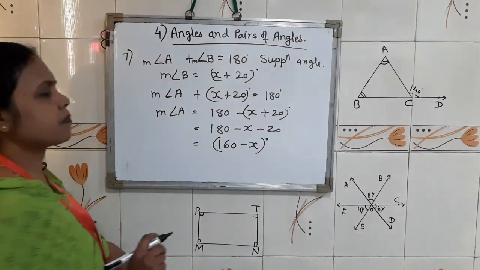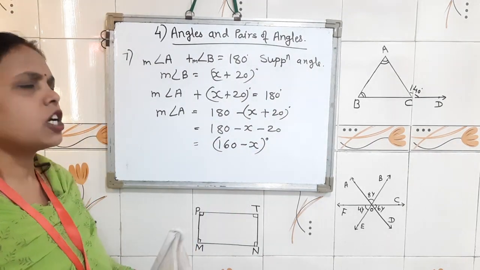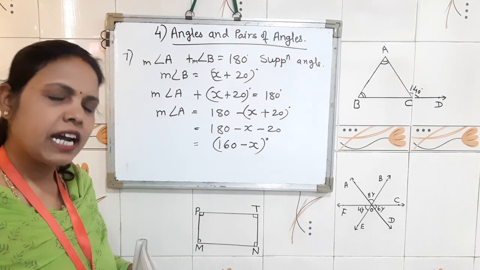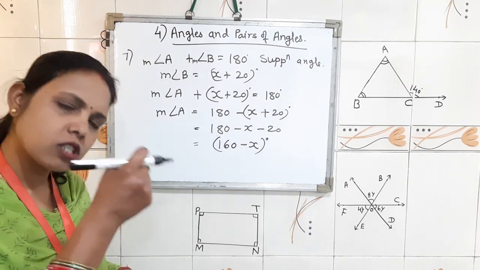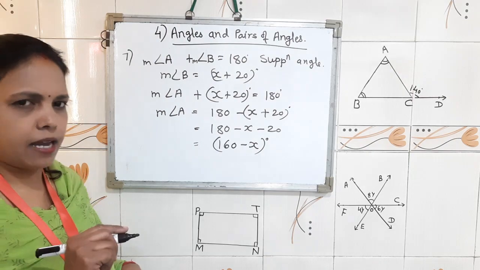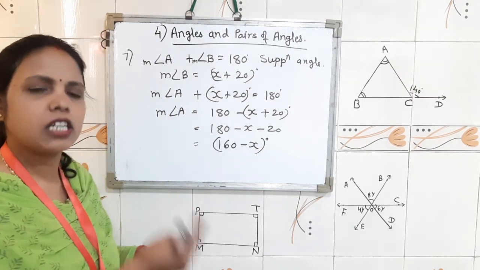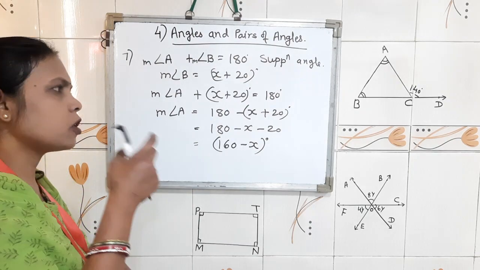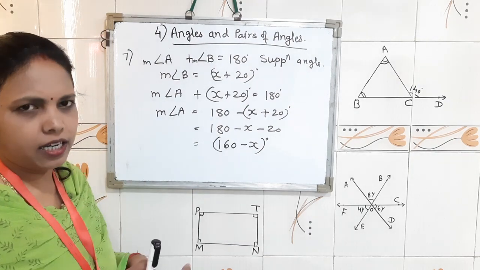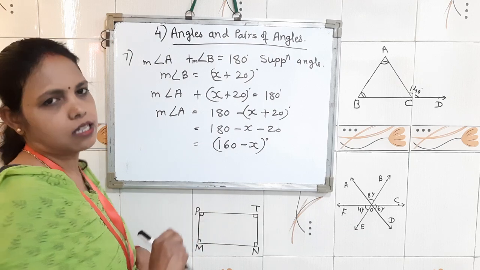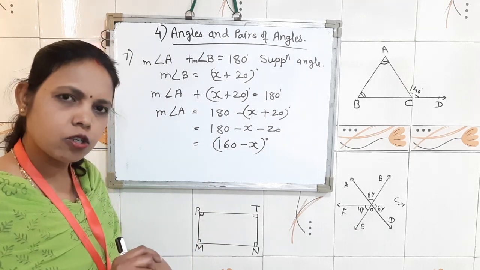Here put degree. Now next one, children, if you have not understood, it is not necessary to see the video lesson only one time. You can see the video lesson 2 times, 3 times, and it should be clear in your mind what is explained in the sum. Understood?